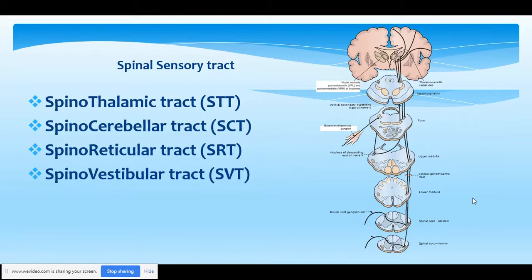Besides motor tracts, we have sensory tracts in the spinal cord. Those are the major ones. One is called the spinothalamic tract, an ascending tract to the higher center, and as the name suggests, it comes from the spinal cord and ends in the thalamus. Along the way up, it gives several branches, called collateral branches, to the brainstem centers, the hypothalamus, and the reticular formation.